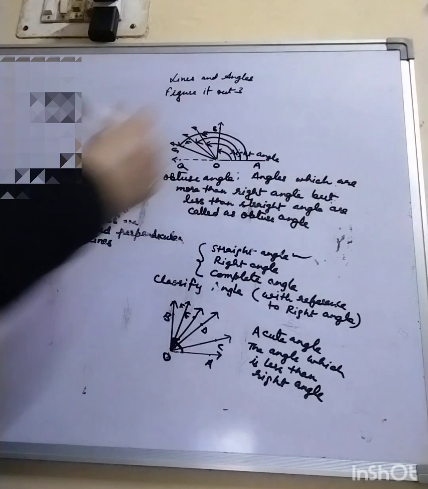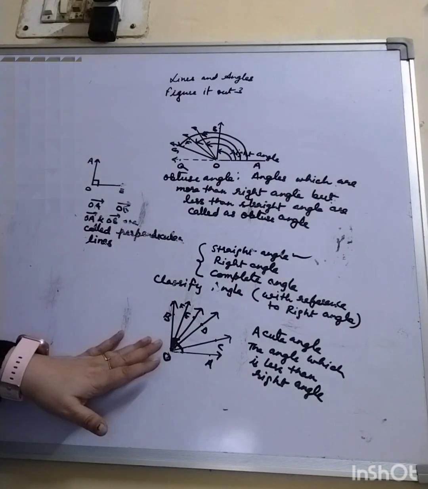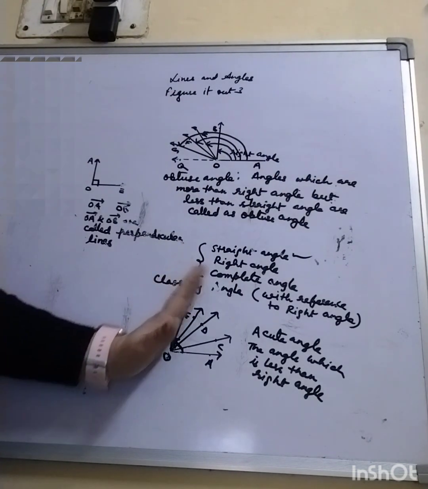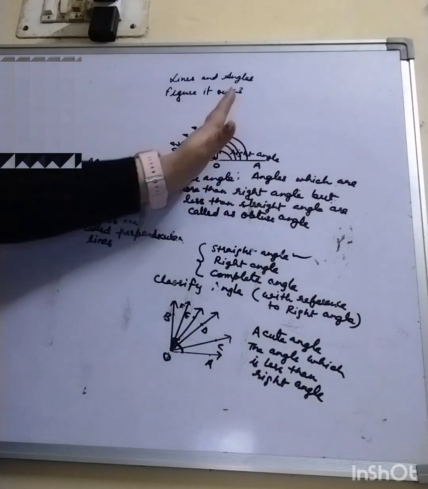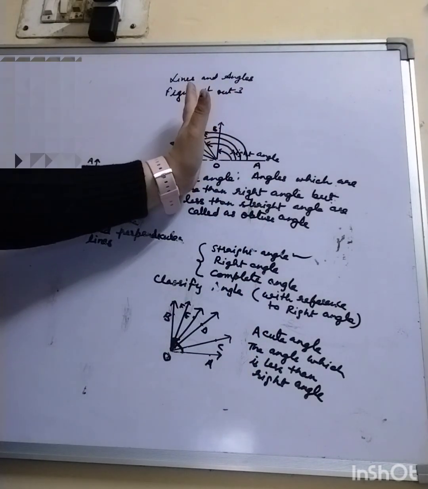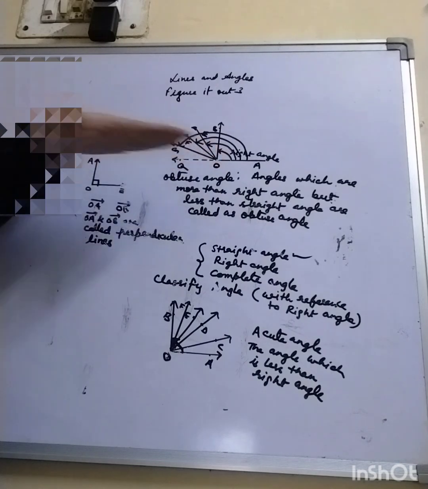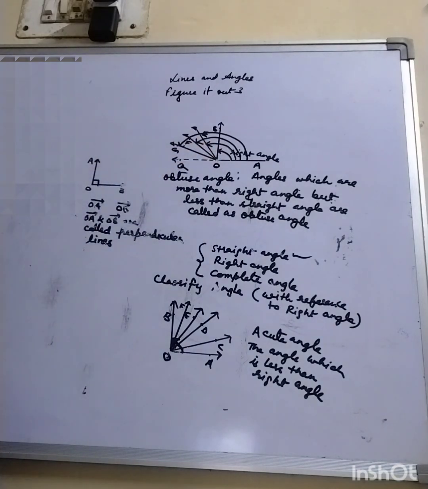Okay, so have you understood both of them? If the turning is less than 90 degrees, then it is called an acute angle. If the turning is more than 90 degrees but less than a straight angle, then it is called an obtuse angle.